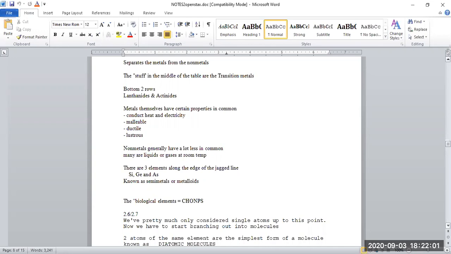Ductile is kind of an offshoot of that. Ductile means can be drawn into a wire. And again, we get this problem of, yeah, certain things do this really well, other things not so much, but they all have the capacity in one version or another. And lustrous. Think back to the physical characteristics that we were talking about in chapter 1.